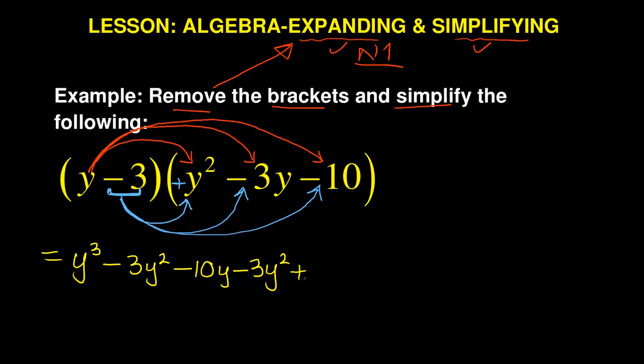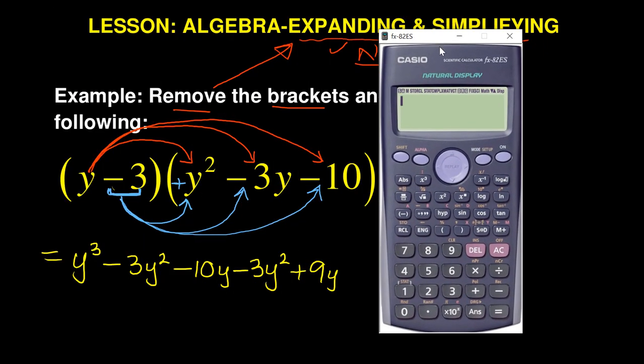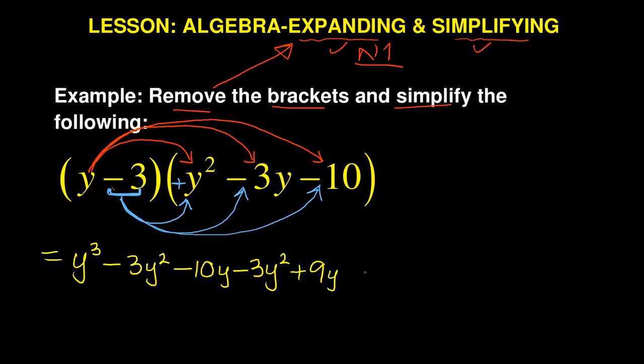So it's positive 9y. When you're multiplying, if it's just a number, it's only the numbers that are multiplying themselves. Again, minus 3 times minus 10 becomes a positive 30 in this case. That's what you are having.